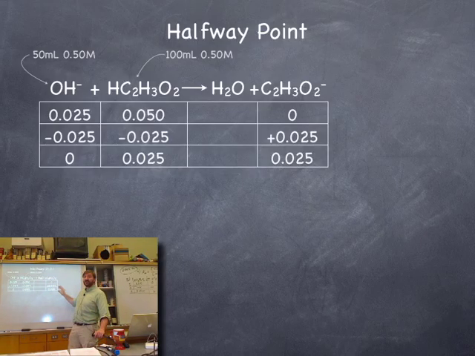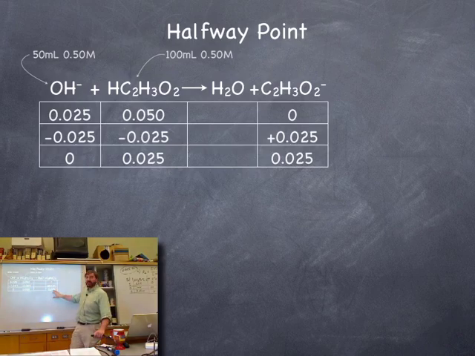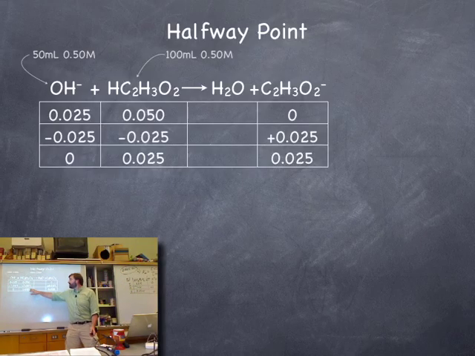A buffer is a solution. It's not a chemical. It's a solution that contains a weak acid and its conjugate. Conjugate is the leftover part after an acid has lost a hydrogen, or the leftover part after a base has gained a hydrogen. Okay? So, what equilibrium is going to govern this mixture?